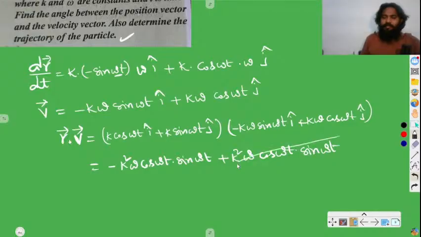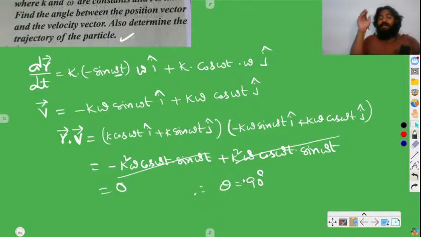Positive and negative, both are cancelled and you got 0. So therefore theta is equal to 90 degrees. Whenever the dot product of two vectors is 0, then the angle between them is 90 degrees. Clear? And this is one of the options, you need to use the trial and hit method. Now you have to check that.